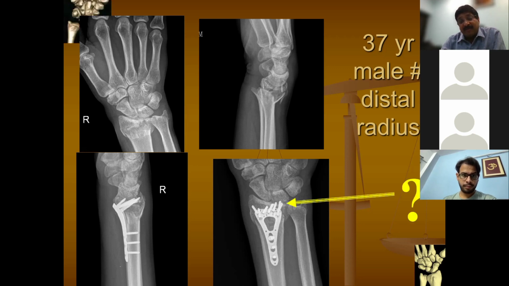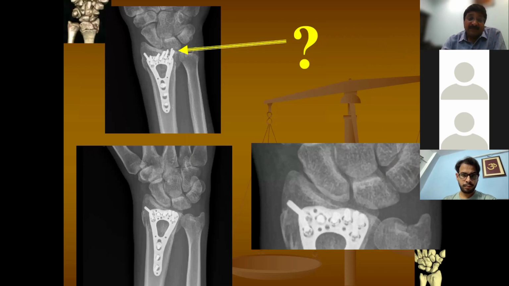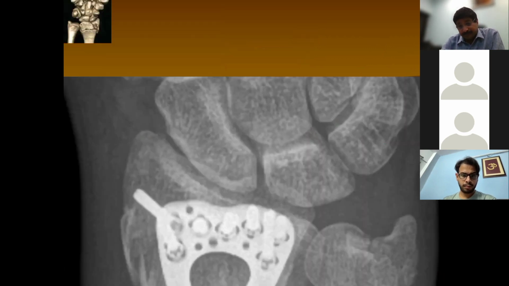Everyone was pointing towards these three screws. But when you take proper views postoperatively, all the rays of the X-ray should pass parallel to the joint surface in all views. Then we find that none of the screws is inside the joint.